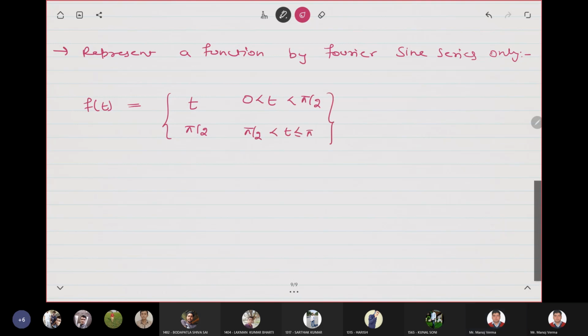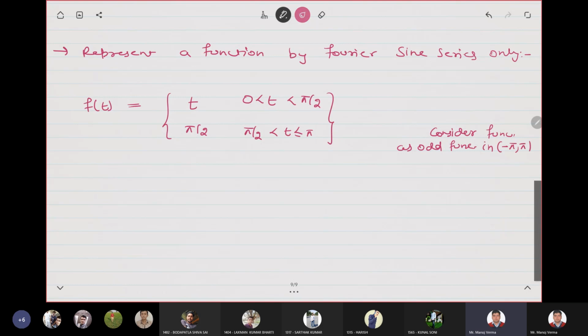Okay, so this function is defined in 0 to pi only and we have to express the series expansion in sine series only. So we will consider the given function as an odd function in the range minus pi to pi.